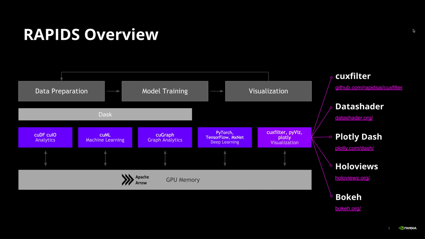There's also Datashader, which we are integrating closely with. That is a visualization rendering pipeline. There's, of course, Plotly Dash, which we'll get into in more detail in a minute, and also HoloViews and Bokeh, which are all Python-based visualization frameworks that we're working closely with to integrate with RAPIDS.